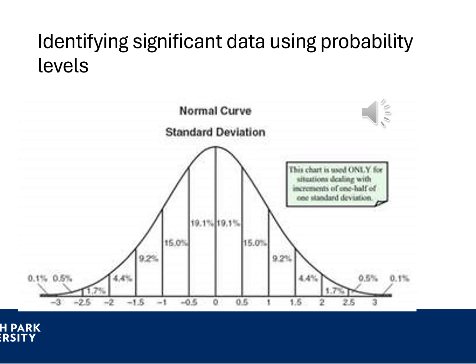This data that is above 3 and below -3 standard deviations, this is significant data. It could not have happened by chance. Because of this data, I can now make a claim that my research findings are significant.